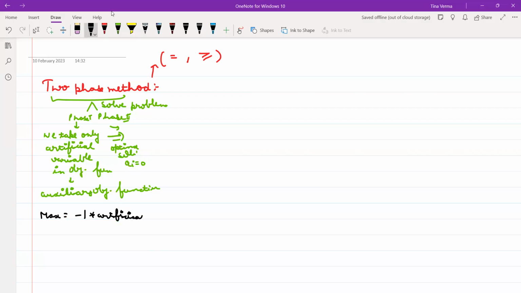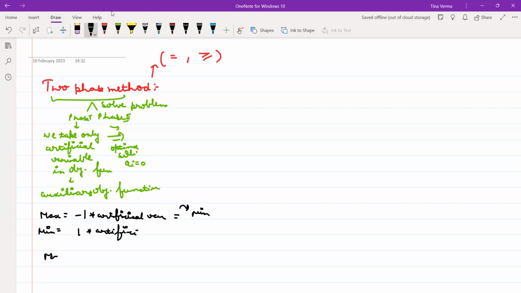That will be your objective function for the maximization case, and it is 1 into your artificial variables. So some of the books write that in phase 1 there is only one objective function, that is minimization. वो इसीलिए लिखते हैं क्योंकि माइनस ऑफ आर्टिफिशियल वेरिएबल करो, अगर मैं माइनस साइन कॉमन ले लूं, it will convert the problem into my minimization, right?